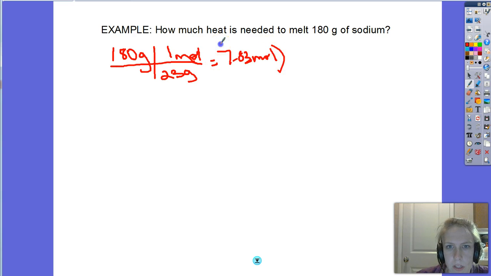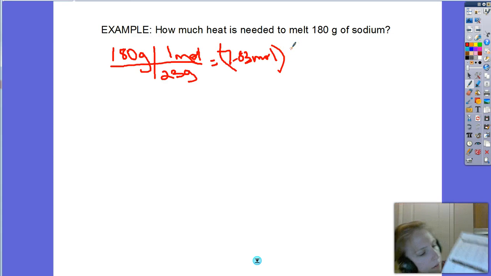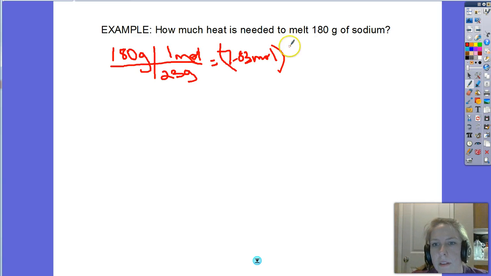Now, we need to look up the melting point. I don't know if you can see this, but we have the molar heat of melting, and on this table we have kilocalories per mole and kilojoules per mole. So I'm going to find sodium, and I'm going to use kilojoules. I'm going to use 2.64, so that's going to be times 2.64 kilojoules per mole.